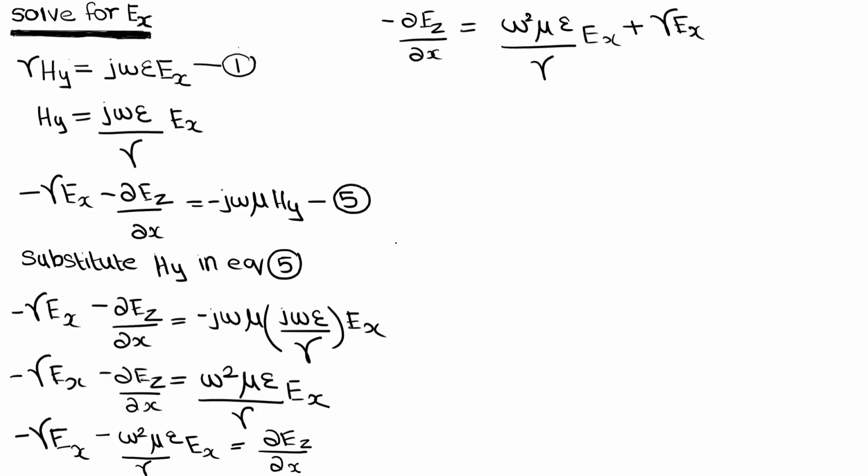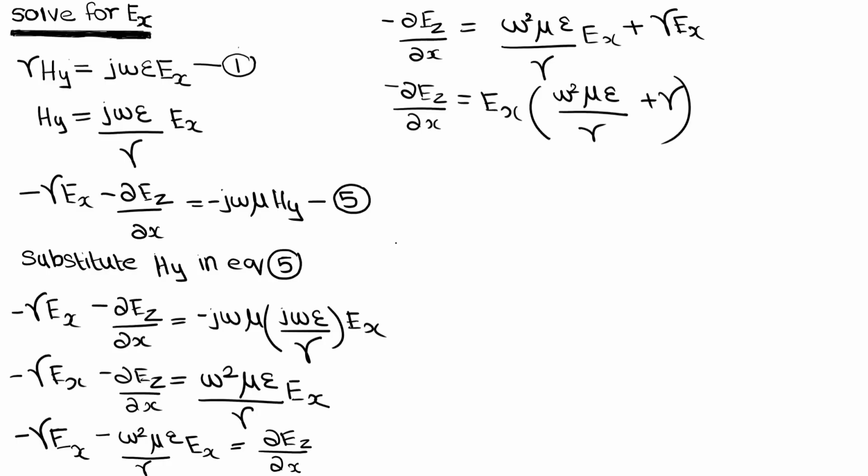That is minus dou Ez upon dou x equal to Ex into omega square mu epsilon upon gamma plus gamma. That is minus dou Ez upon dou x equal to Ex into omega square mu epsilon plus gamma square upon gamma.